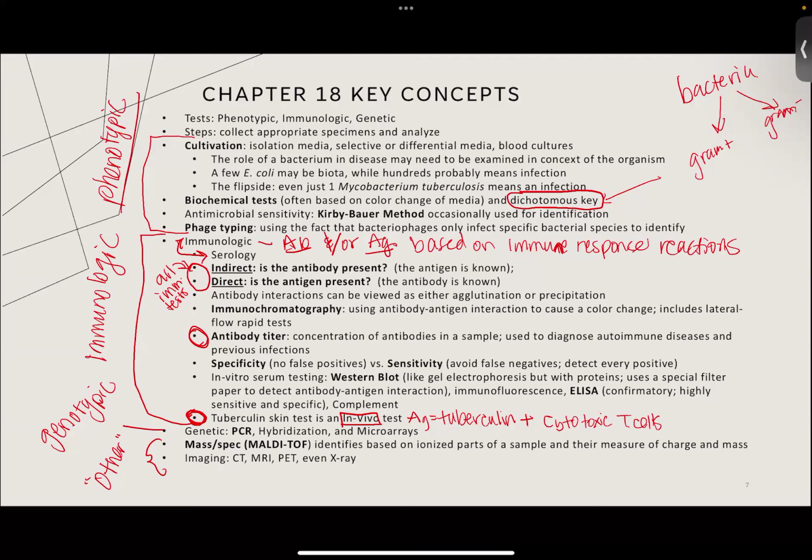That is immunochromatography. It's immune-based. Chroma means color change, and graphy means test. It is an immune color change test. That's all that term means. And it usually refers to our lateral flow rapid tests like your home COVID test or your home flu test or pregnancy tests.